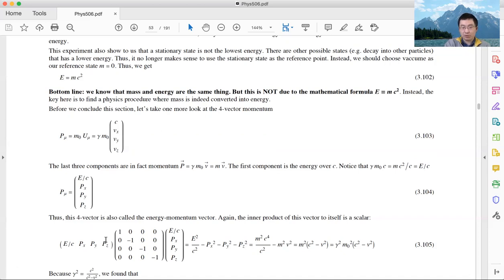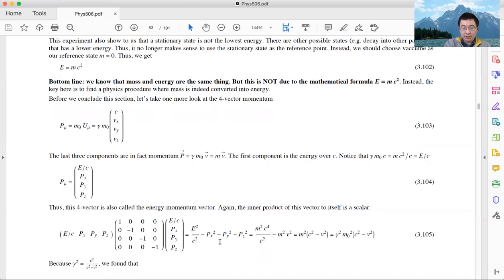That's straightforward from the multiplication. We know px, py, pz are mass times velocity, so px squared, py squared, pz squared is actually m squared v squared, because p equals mv. So these last three terms combine together as m squared v squared.